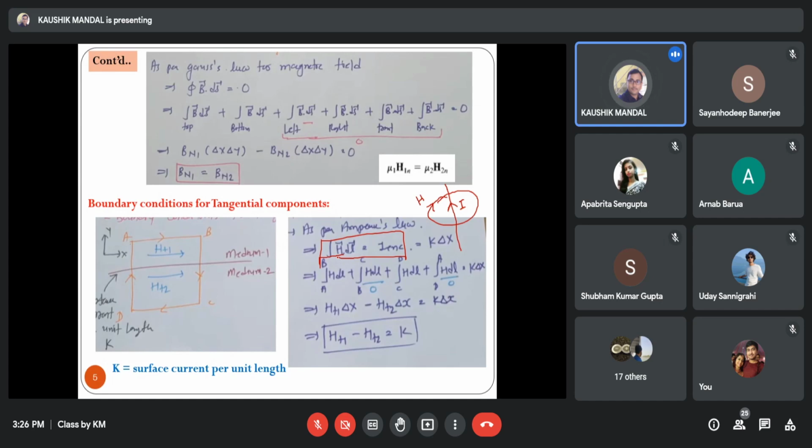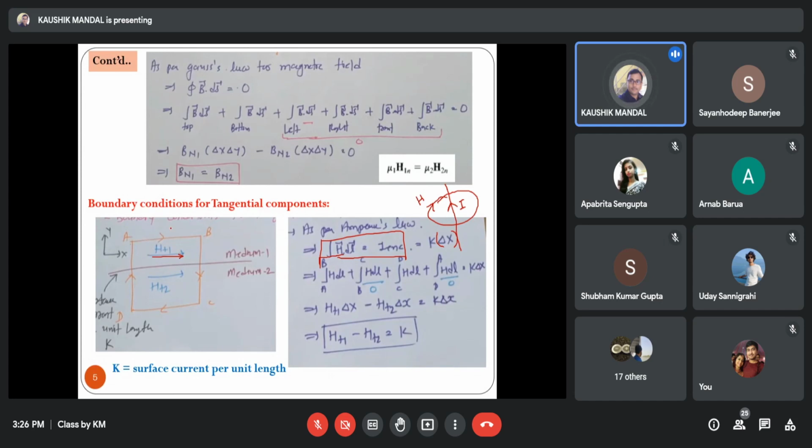Now how can we replace this I enclosed in this case? That is K into del X, because this tangential component is along the x-axis.